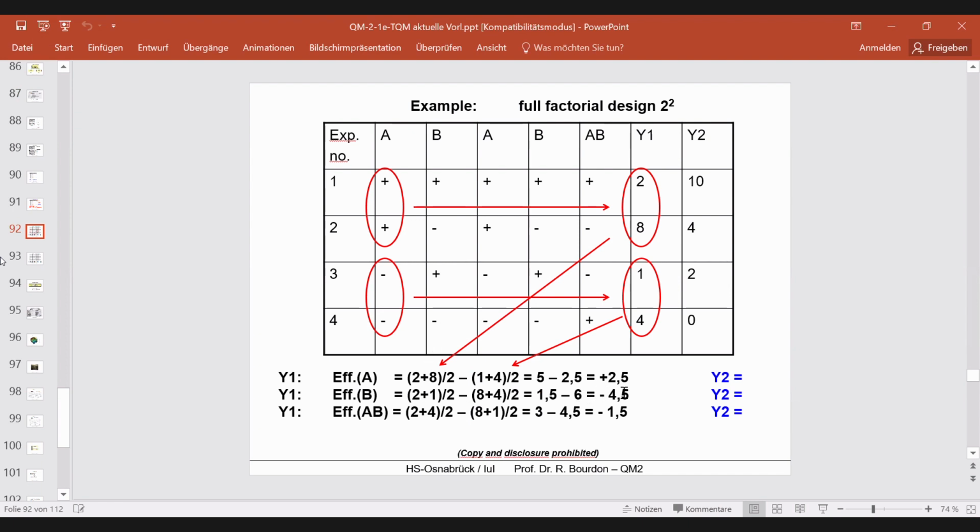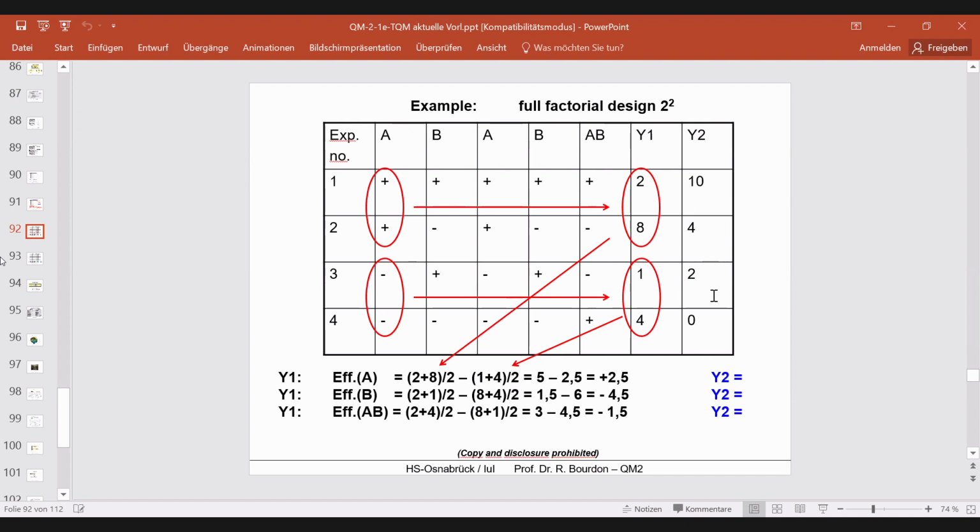The result is minus 4.5. And then you can do it also with AB. AB is on plus in experimental runs 1 and 4, and it is on minus in experimental runs 2 and 3. And it's the same. You can quantify the interaction here. The result is minus 1.5.